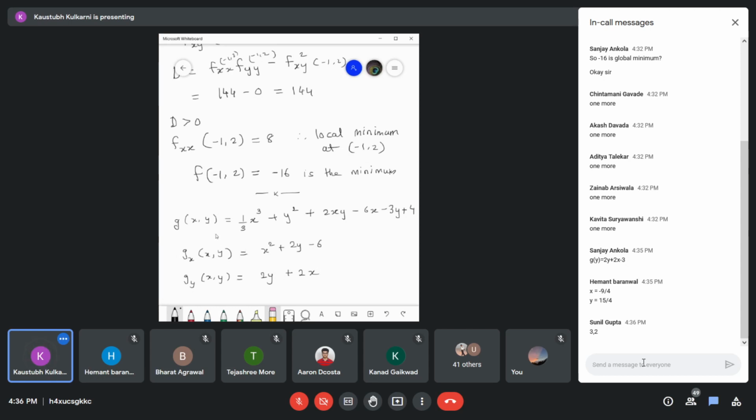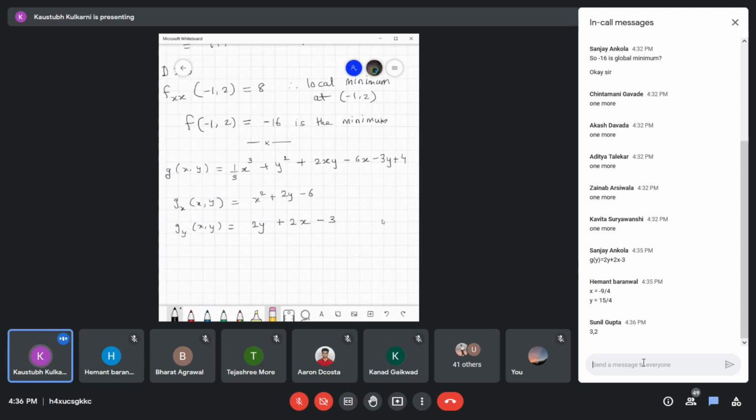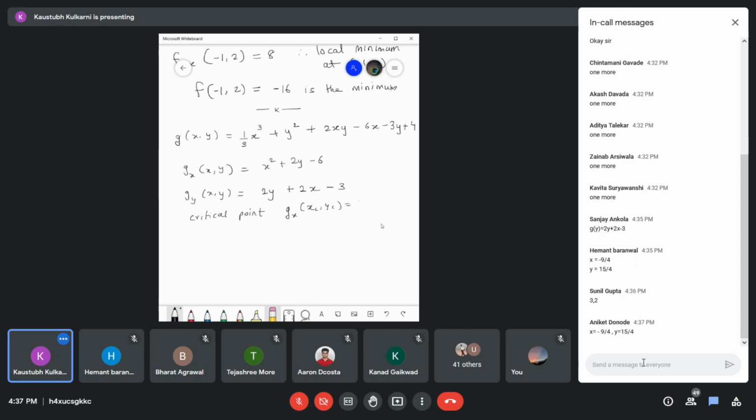Okay, so now, and here we have minus 3 as well. So if you start with the second equation, so for the critical point, g x equal to 0.